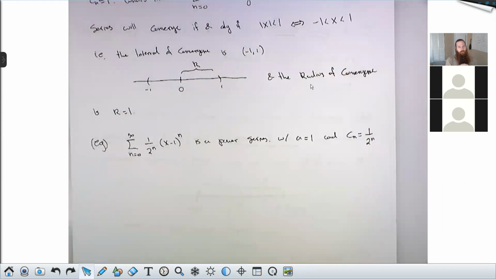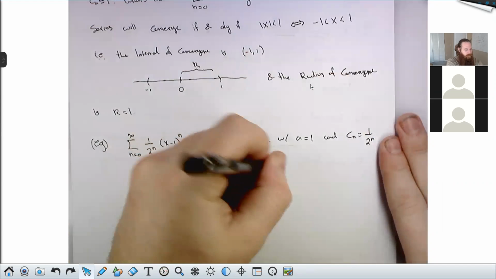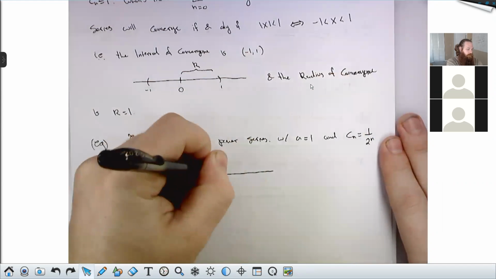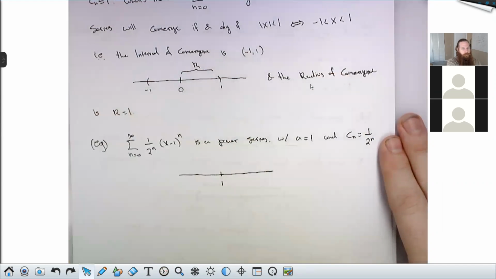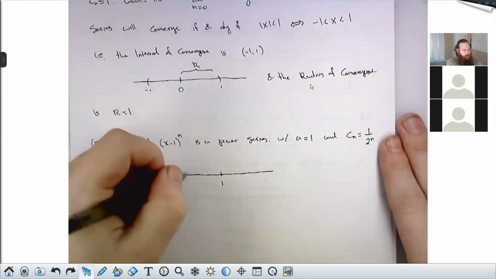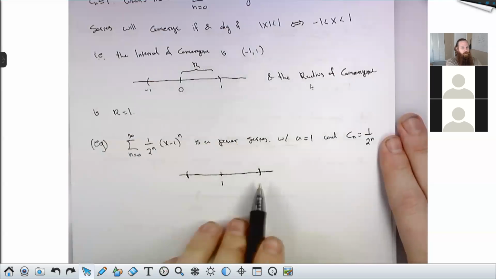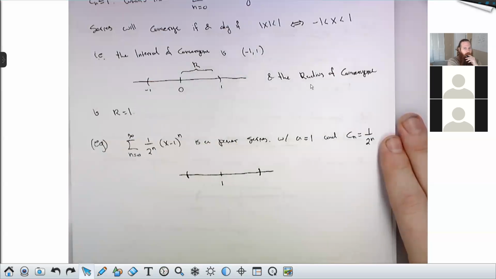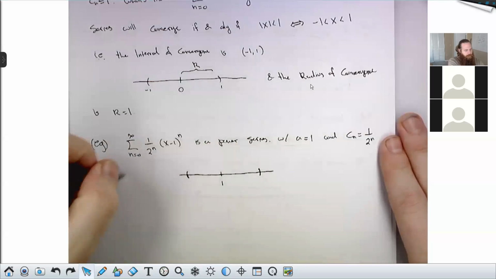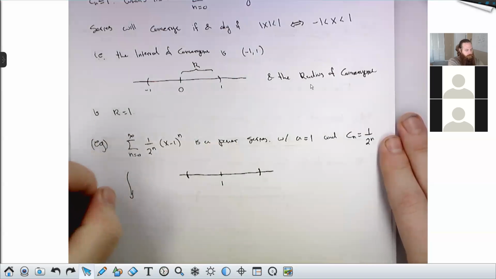Okay. So I know where my series is centered. I could start trying to draw the IOC here. I know it's going to be centered at 1, my interval of convergence, but I don't know what my radius of convergence is yet. I don't know how far I can reach in either direction there. But if you pay attention, this is also geometric.